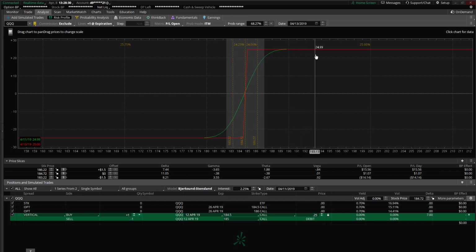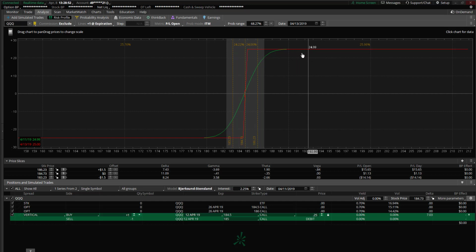You can see that I'm still not making it, I'd have to move all the way out here. Still not making that full $25, even all the way up to 210. I'm 1 penny away from making that full profit. So that shows that you can get very, very close to making a full profit before expiration.